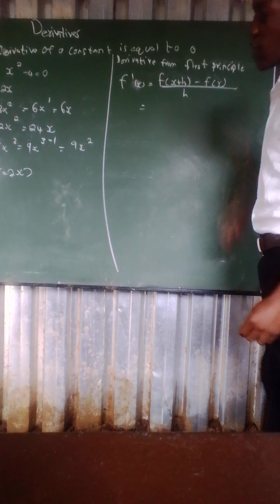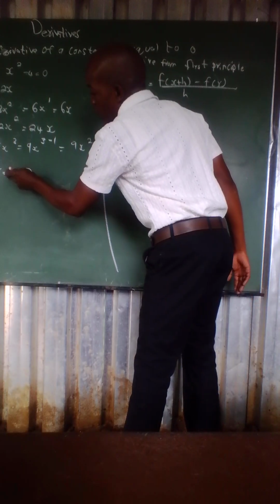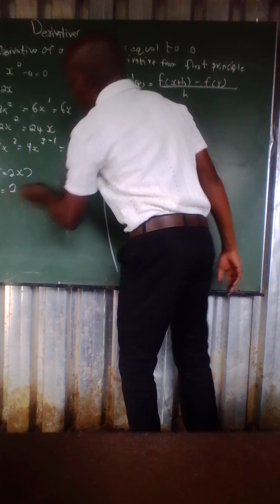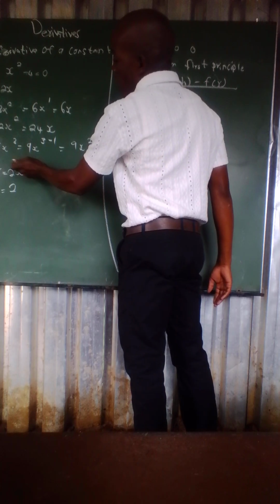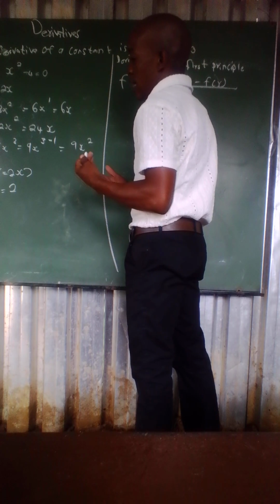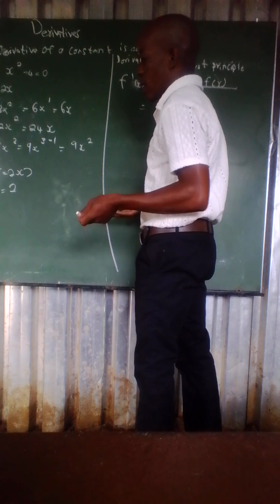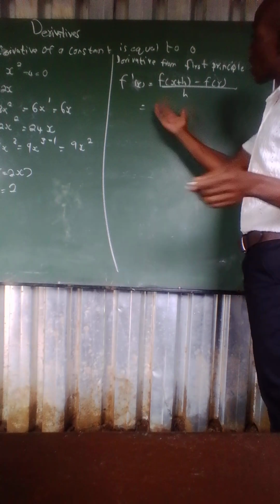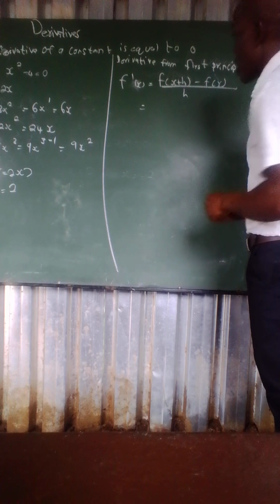Without using the first principle, you know that the derivative of 2x is going to be 2. Why? Because we have removed the x by its exponent 1 minus 1, and at the end of the day you are left with 2 only. Now let's go through our first principle and see how we can work that out.